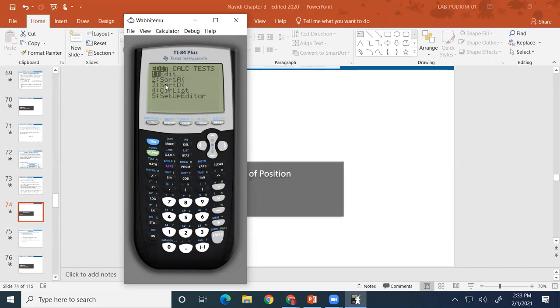So stat, and then hit the right arrow, and then just hit enter a few times. That's the one you want. I'm not sure what that other one's for, but that one is the one you'll be using quite a bit through the course.